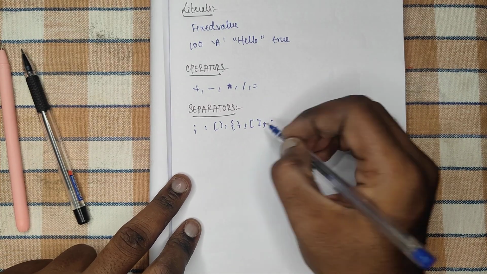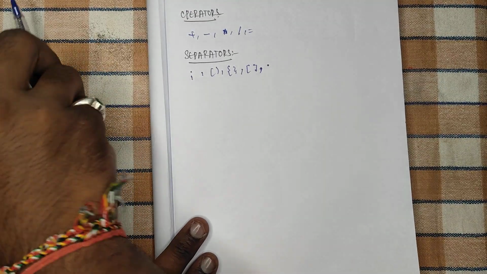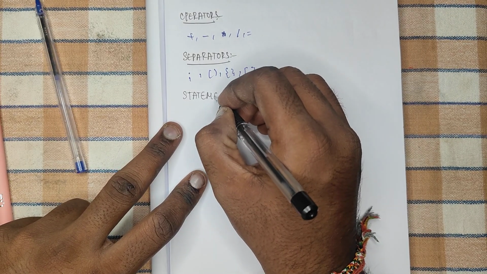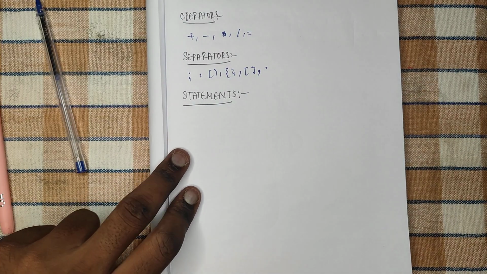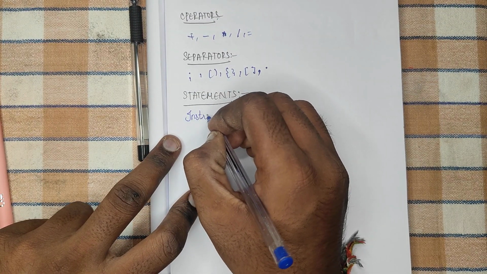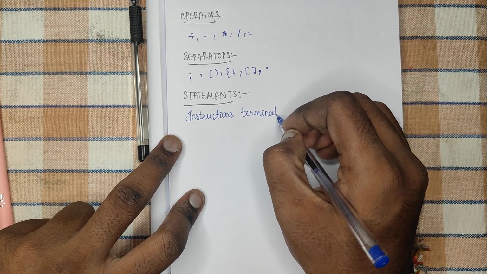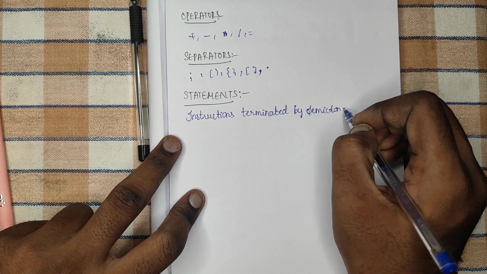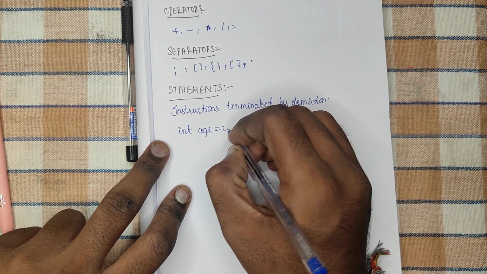Statements are instructions terminated by a semicolon, like int age is equals to 21.